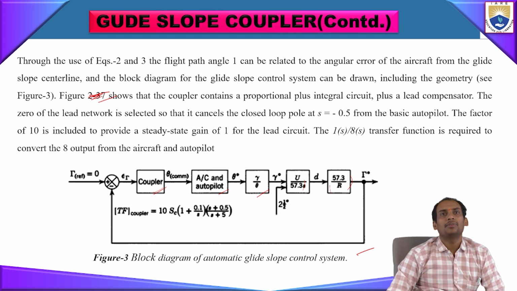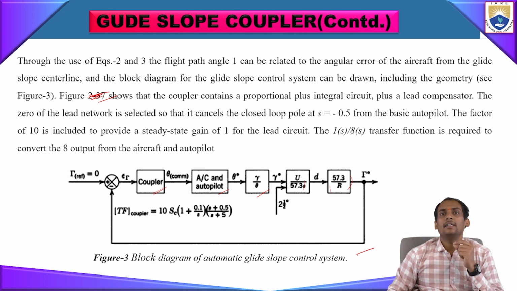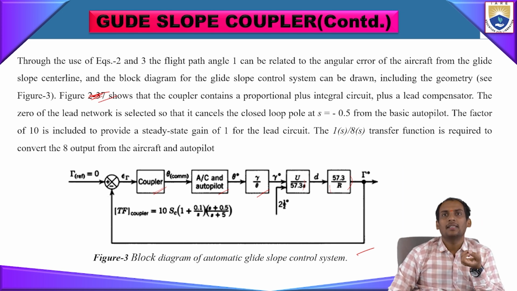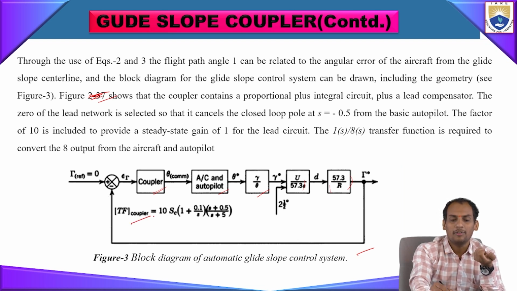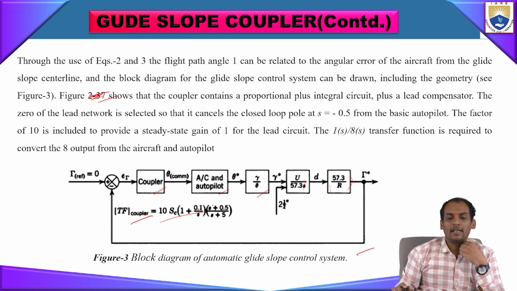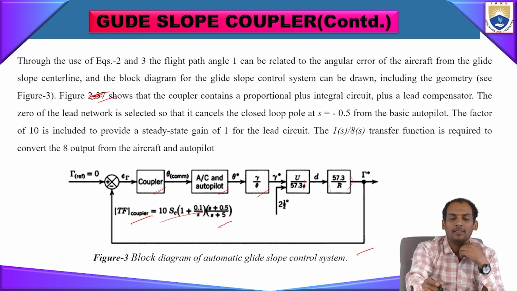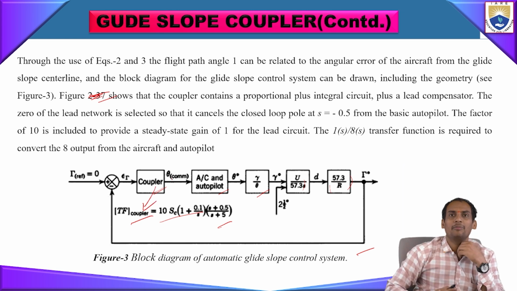The zeros of that lead network are selected so that they cancel out the closed loop poles at s equal to 0.05. So here you see that the coupler transfer function is 10 into 1 plus 0.1 s by s into s plus 0.5 by s plus 5. I mean the transfer function, how it has been designed for this coupler. So this coupler transfer function will be this one.